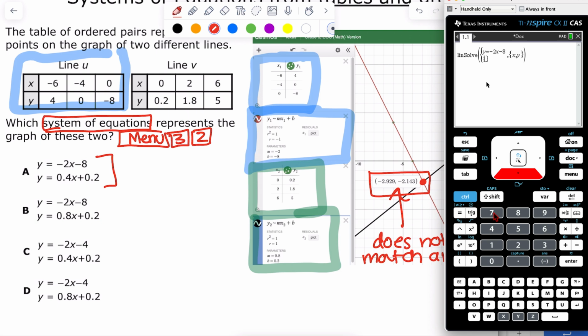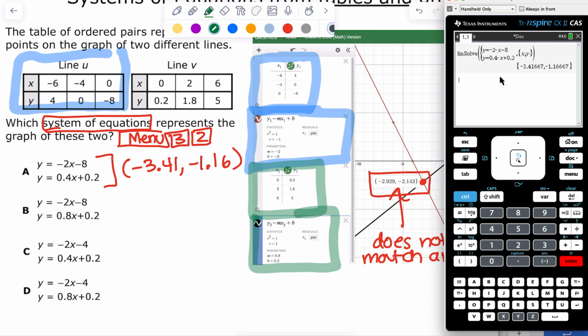Then I have y equals 0.4x plus 0.2, enter. It gives me this long number: negative 3.41 comma negative 1.16. I know by looking at it, this one is not the same as this one. So A is not good.